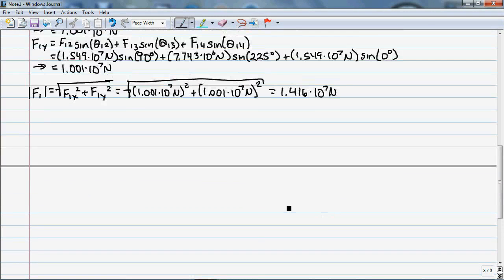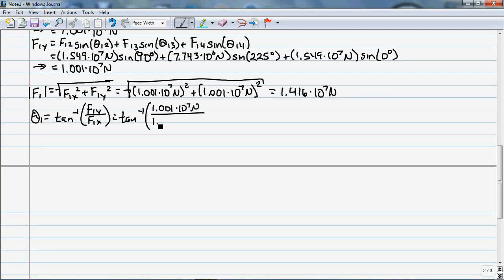And our angle, theta 1, the angle of the force: F1x and F1y are both positive, so that's just going to be the arctangent of F1y over F1x, and that turns out to be 45 degrees.